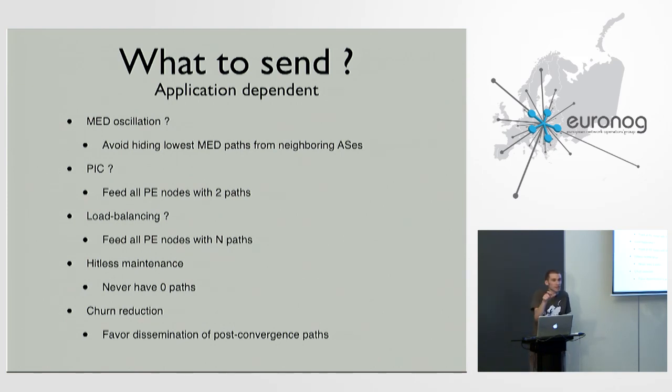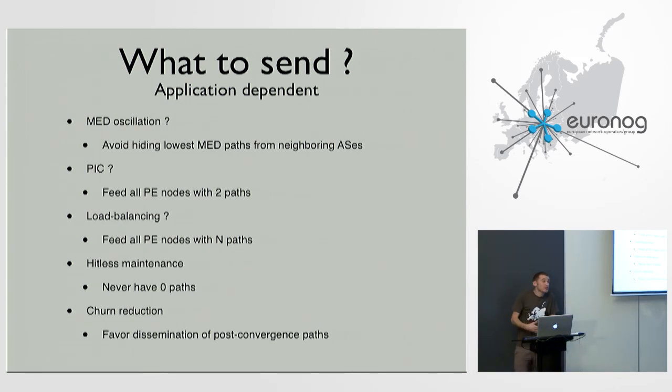So advertising 2 paths over all your sessions is already sufficient for PIC. If the goal is load balancing, you have to advertise as many paths as the number of paths you would like to load balance to, right? So here it becomes more like an add-n-paths where you would configure n.